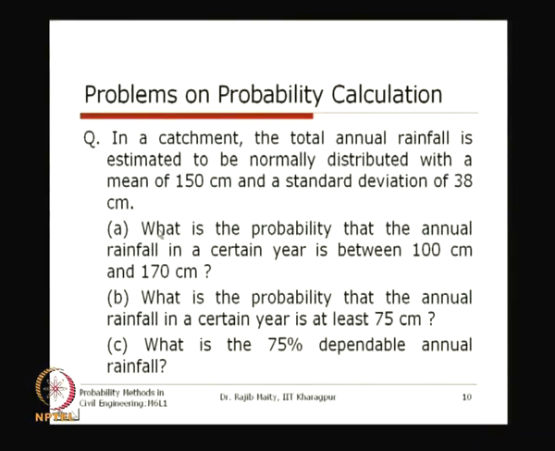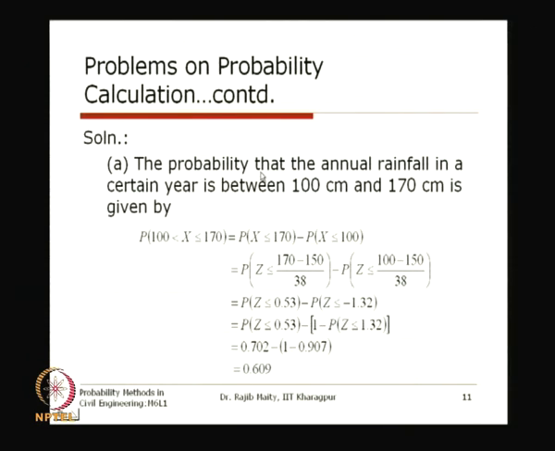So the first question is, what is the probability that the annual rainfall in a certain year is between 100 centimeter and 170 centimeter. To find this probability, what we are looking for is the probability that the random variable x, the annual rainfall in that catchment, will be between 100 and 170.